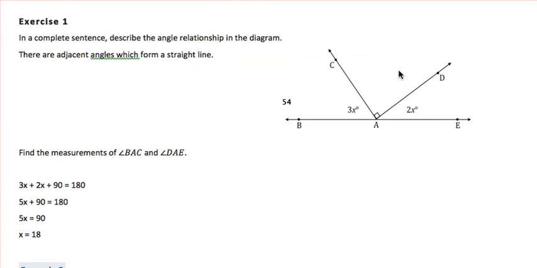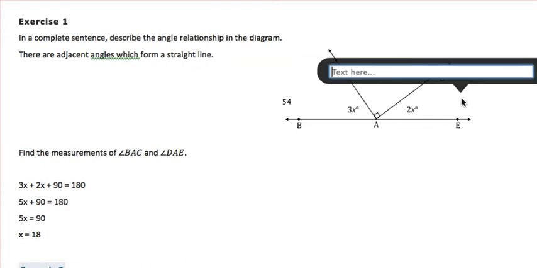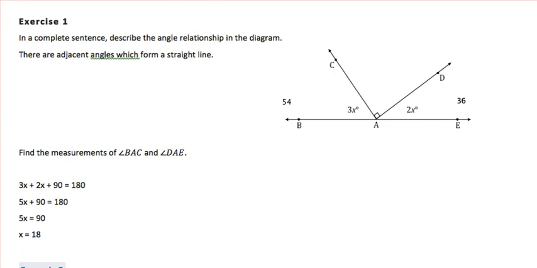And 2x is 18 times 2, which is 36. To check our work, we want to make sure that 54 plus 36 plus 90 equals 180. And it does.